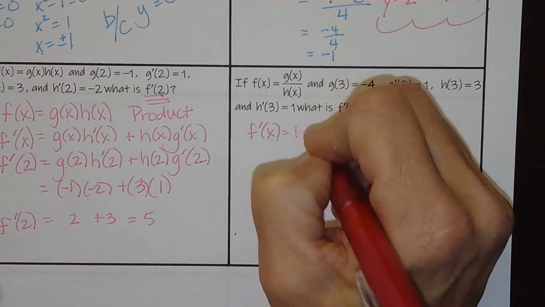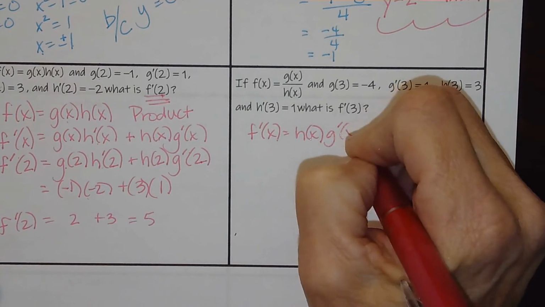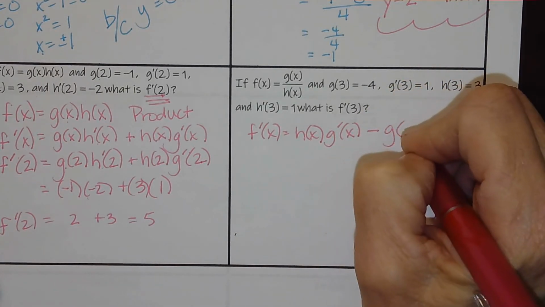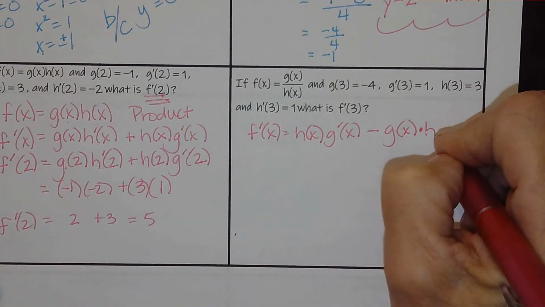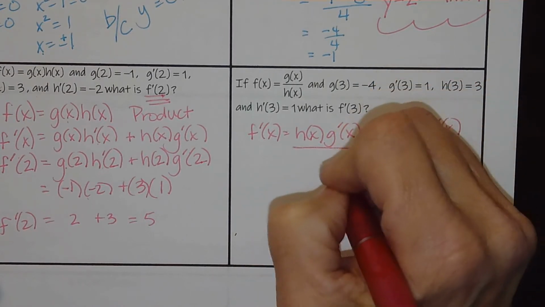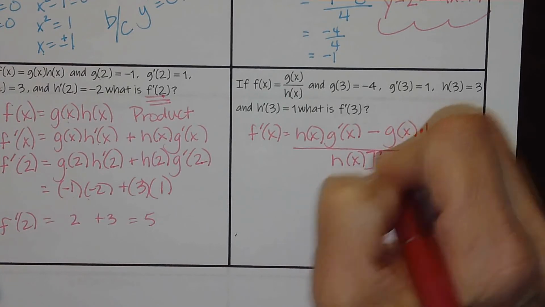So it's low times the derivative of high, g prime of x, minus high, g of x, times the derivative of low, h prime of x, all over h of x squared.